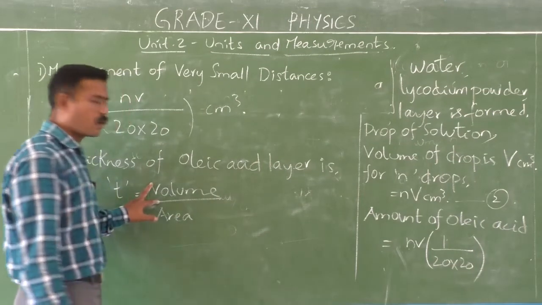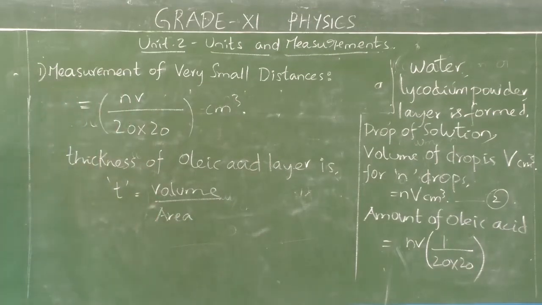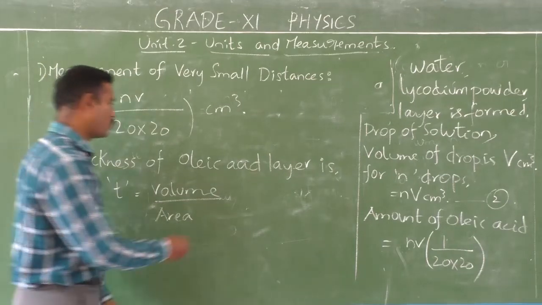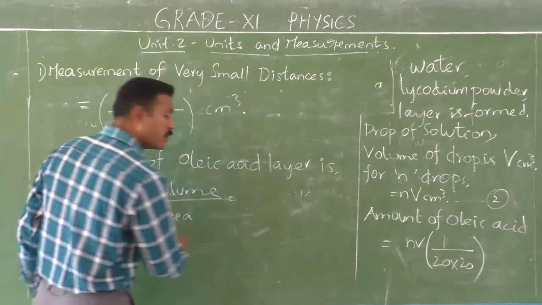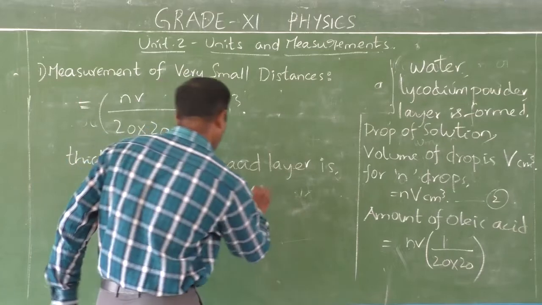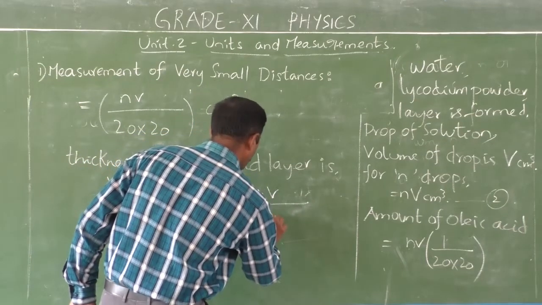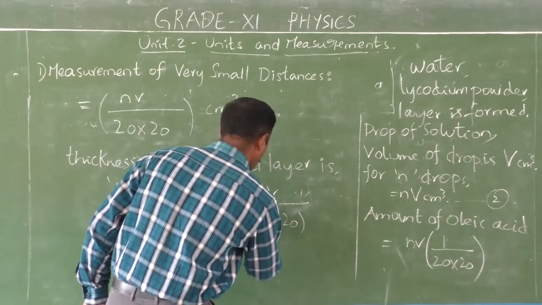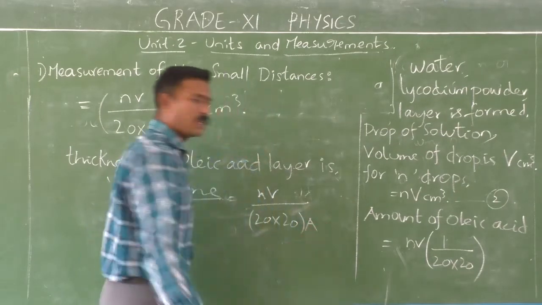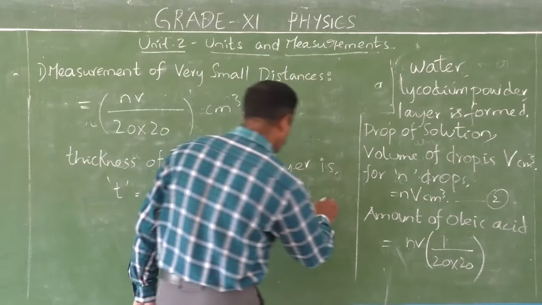Thickness is volume divided by area. So let the area be A. T equals nV divided by 20 cross 20 into A. So the unit of thickness is centimeter.